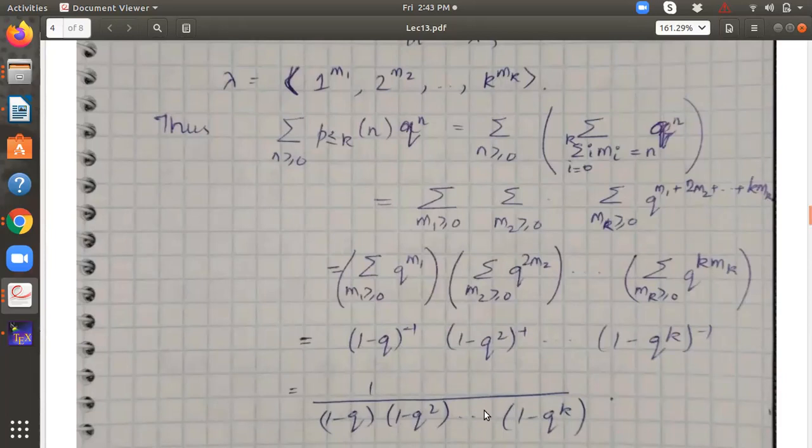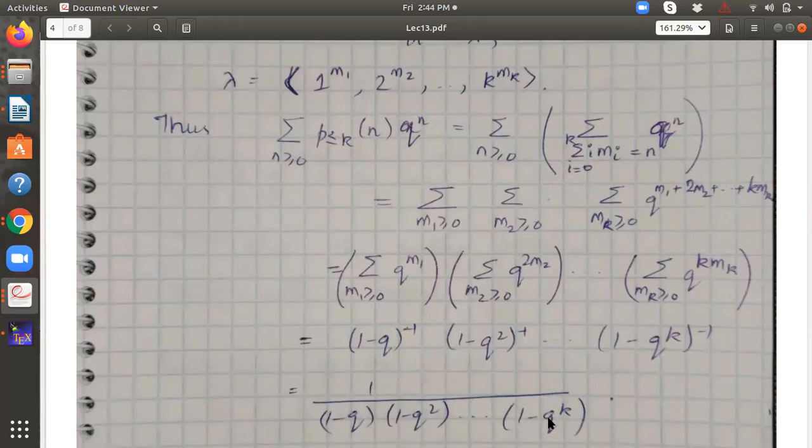What is this thing equal to, by the way? Isn't this thing equal to this? So this as a series is equal to the series which will correspond to this.